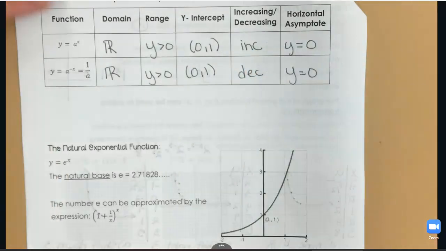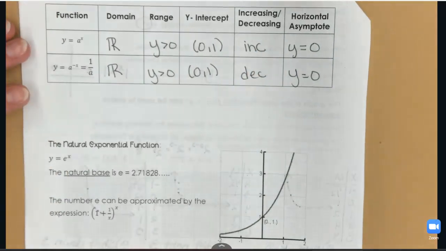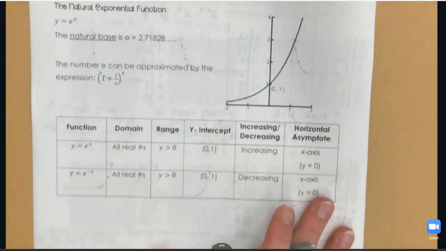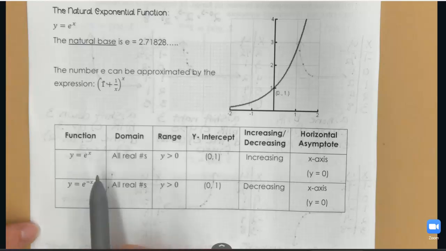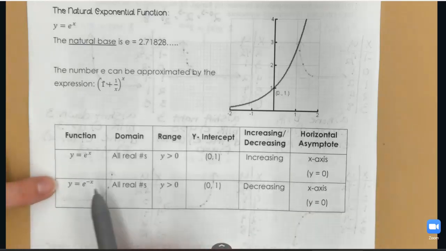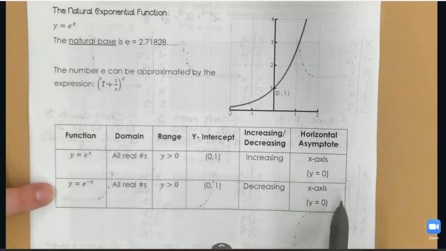So these are your default characteristics, and depending on different transformations, these could change. Now the same is true for your natural exponential function as well. If you have e to the x, it has all of those same characteristics, and the same goes for if you do that reflection over the y-axis.